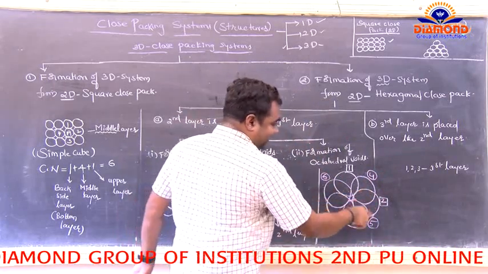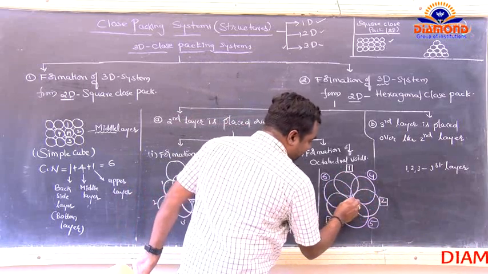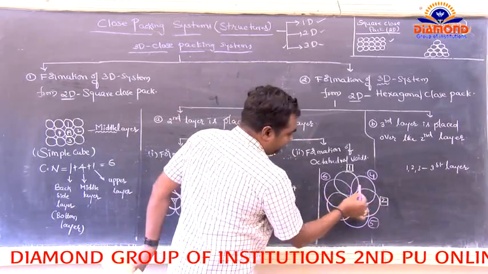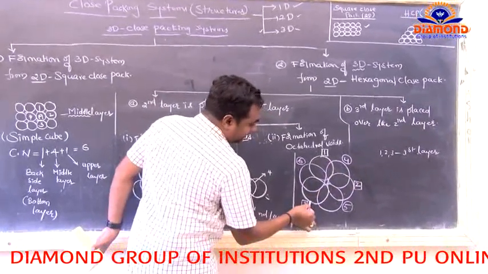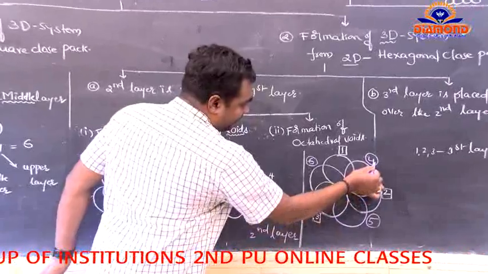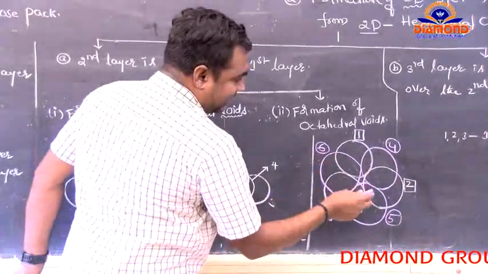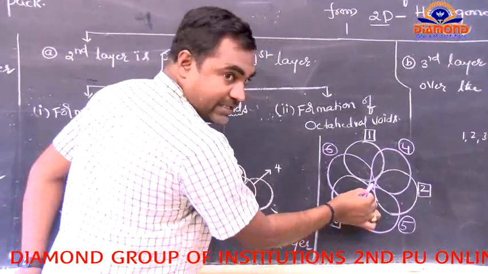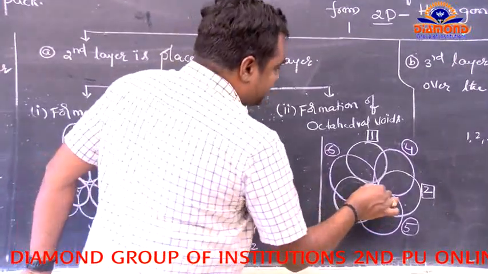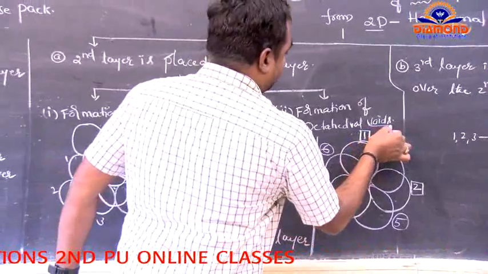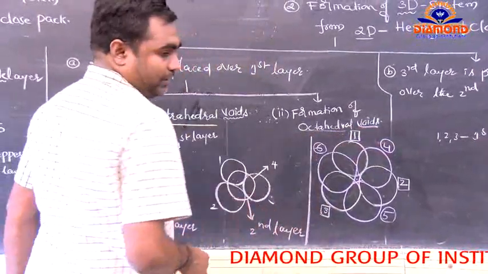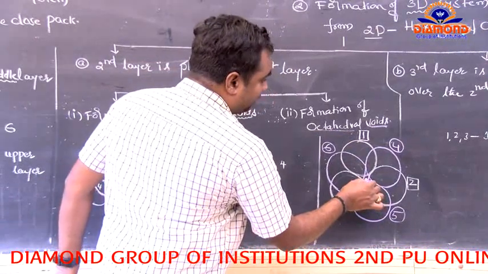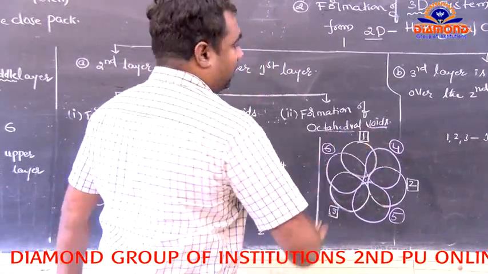By combining these six atoms we can get the empty space. So atoms 1, 2, 3 are in the first layer and atoms 4, 5, 6 are in the second layer. Then we get an empty space, and that void is called the octahedral void.